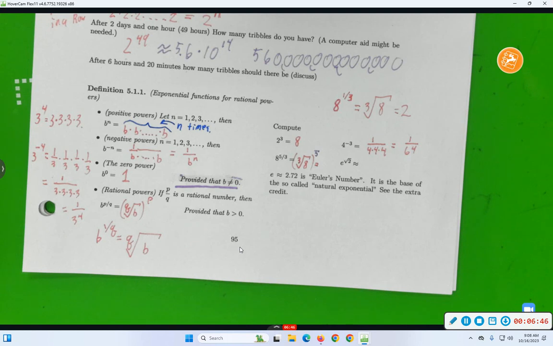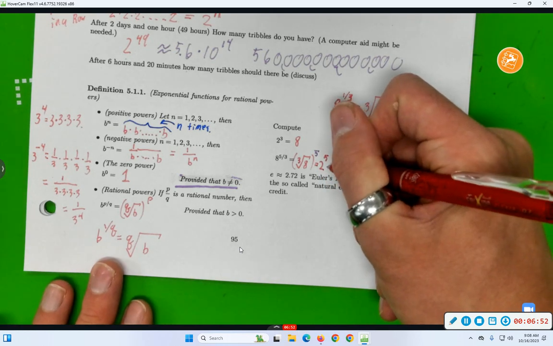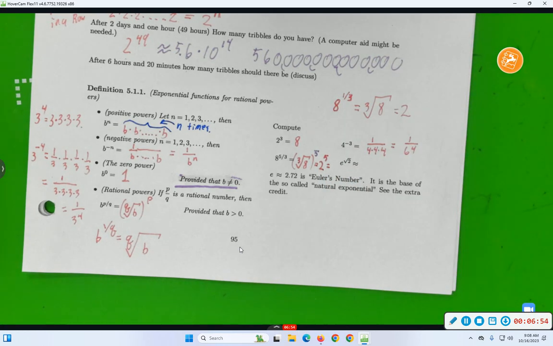So this should be the same thing as 2 to the power 5. So that'll be 2 times 2, 5 times. What is 2 to the 5th? 32. And here we get 32. We agree? Nice.